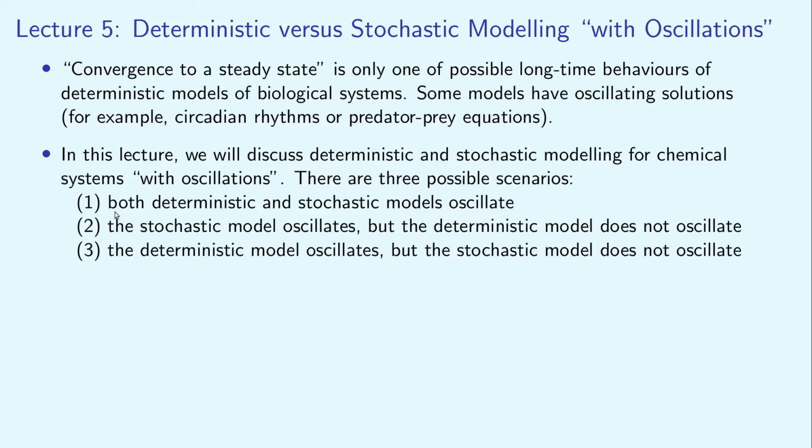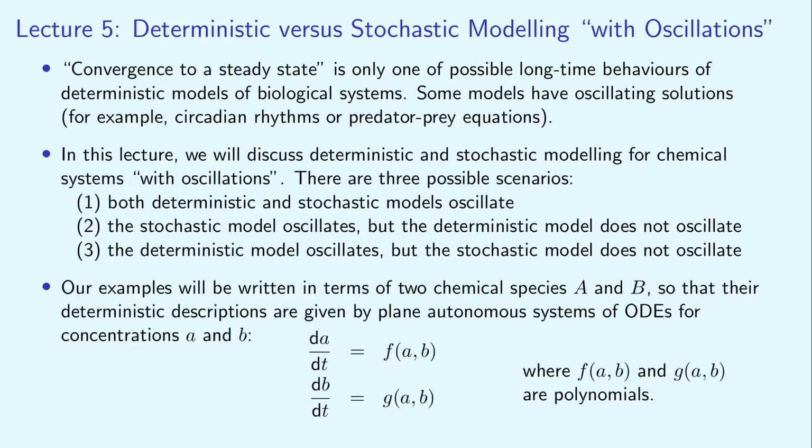First, both deterministic and stochastic models could oscillate. Second, the stochastic model could oscillate, but the deterministic model will not. And finally, the deterministic model can sometimes have oscillating solutions, but there will be no sustained oscillations in the stochastic model. We will see examples of all three cases.